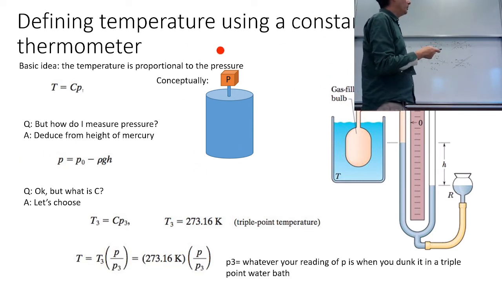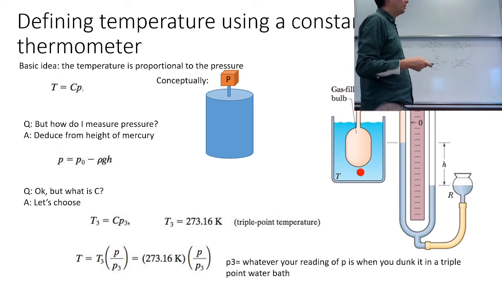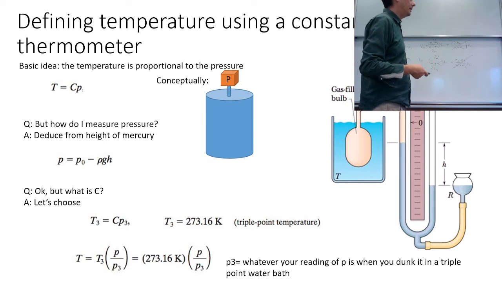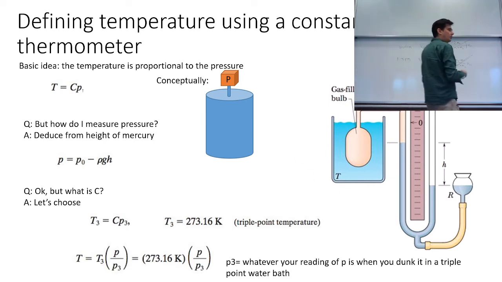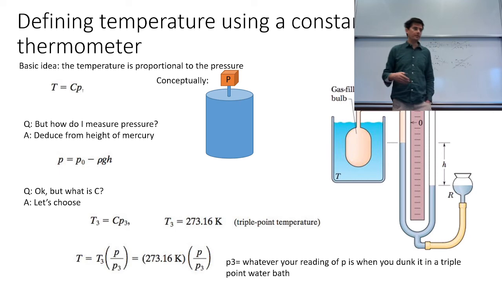Conceptually, what is this thing really? It looks something like this. It's basically a gas-filled bulb, and what we're trying to do is measure the temperature of the surroundings. Suppose you've got your water bath here at some temperature; that's the temperature you're trying to measure.